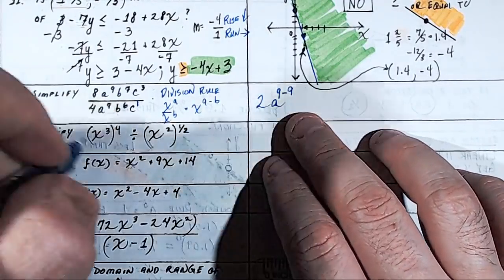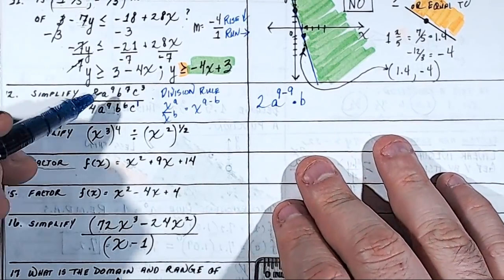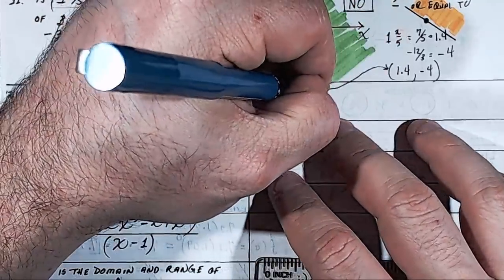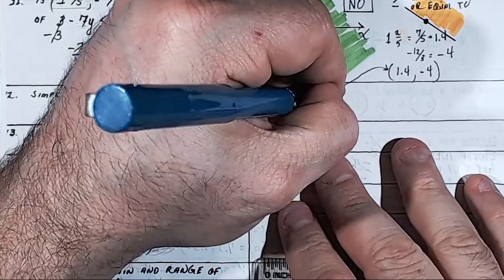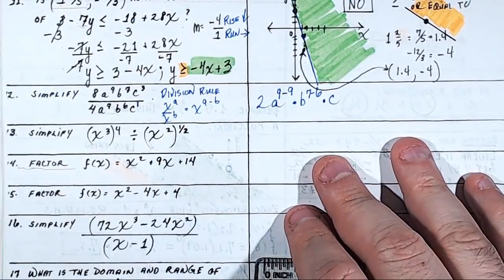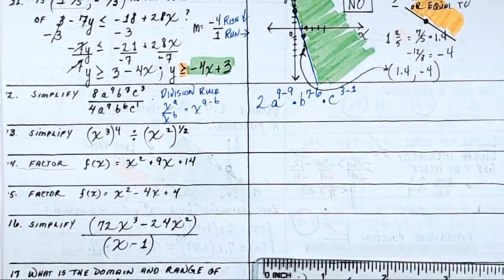Multiplied by b. So times b. B to the 7th over b to the 6th equals b to the 7 minus 6. Times c. C to the 3 over c to the 1 equals c to the 3 minus 1. That's the process in your brain.